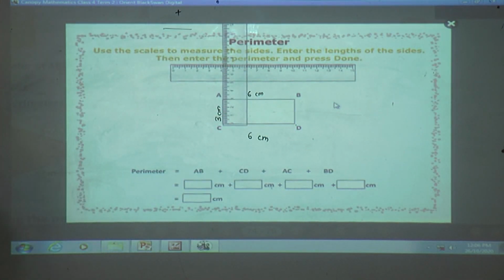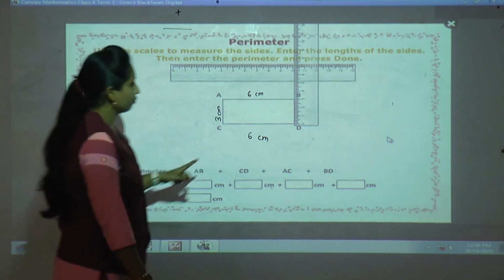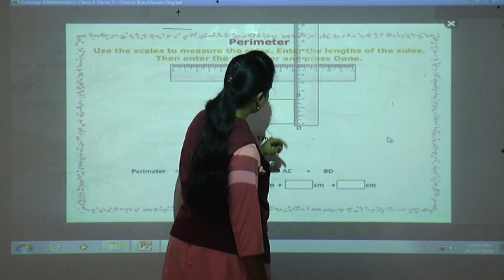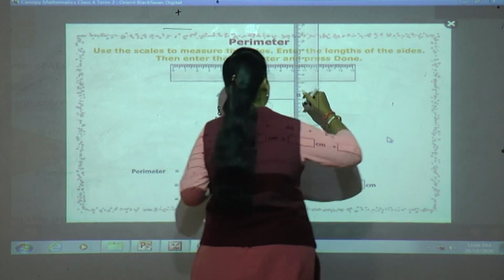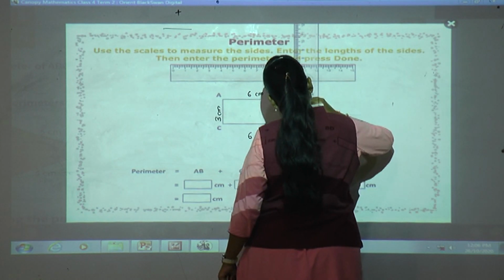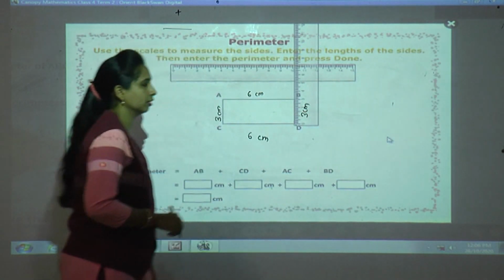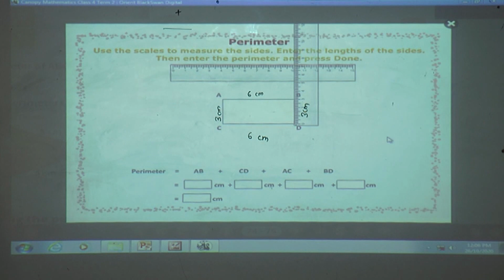Okay, now I'll measure BD also. Again I'll keep from 0. Okay, see, from 0 till B how much it is? 1, 2, 3. So it is also 3 centimeter. Okay, now I have done this.